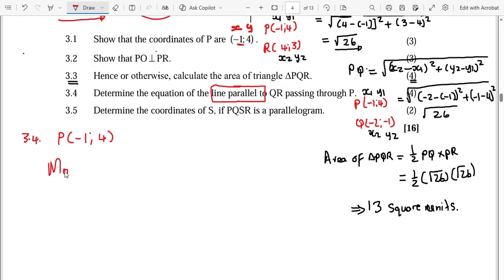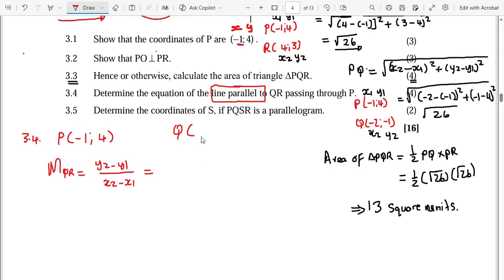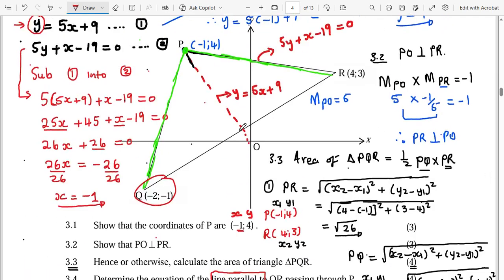So the gradient of QR will be y2 minus y1, everything over x2 minus x1. So I need the coordinates of Q. Q is minus 2, minus 1. And R, that's 4 and 3.